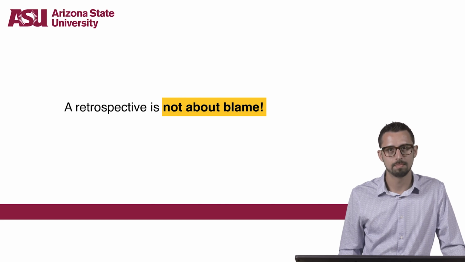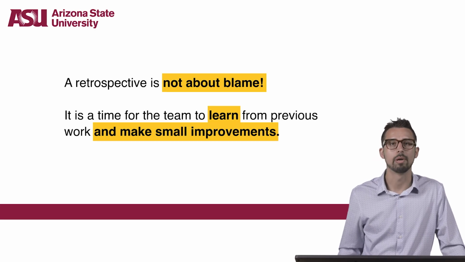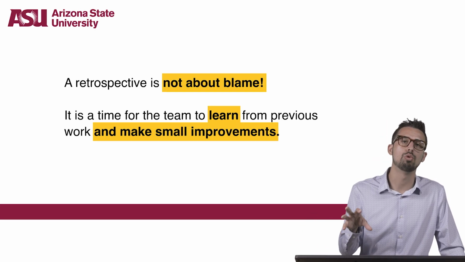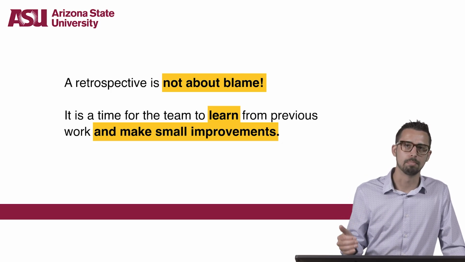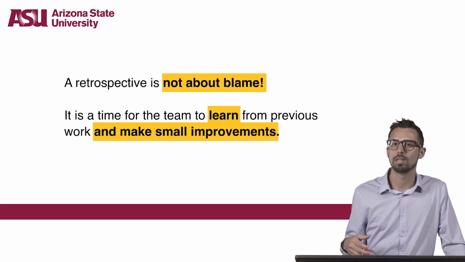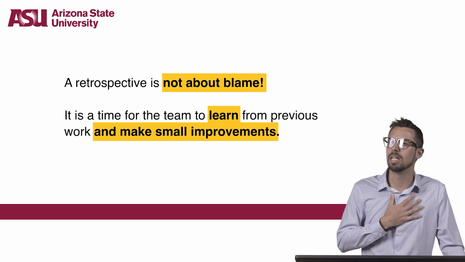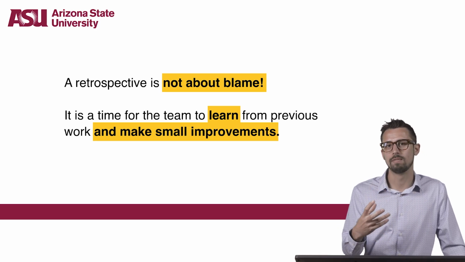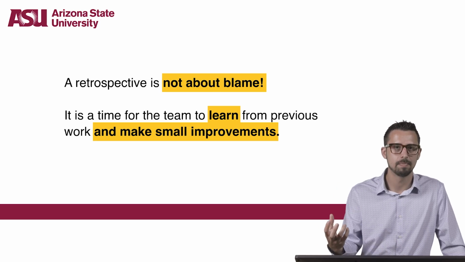First and foremost, a retrospective is not about blame. A retrospective is a time for the team to learn from previous work and make small improvements. The retrospective is about looking at the qualitative, how are people feeling, and the quantitative, sort of numerical measurements that are based in fact and data.